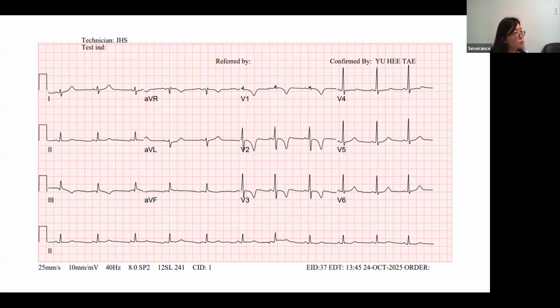But how do you know at this moment it's okay to wait? This patient doesn't have any risk of sudden cardiac death. When I don't know the history and look at this ECG, I may think maybe he has some coronary problems.